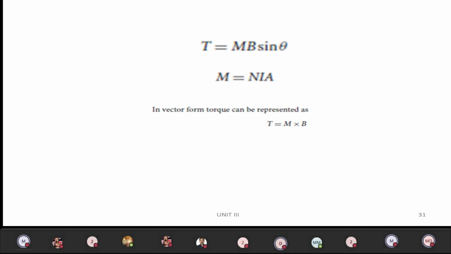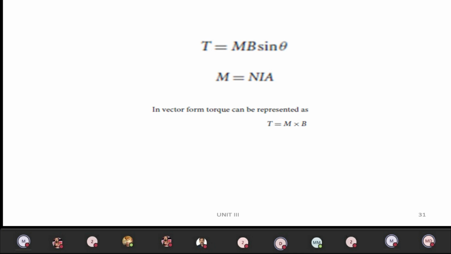Here m is called the magnetic moment, the product of current and area, and with the number of turns, the product of current, area and number of turns.